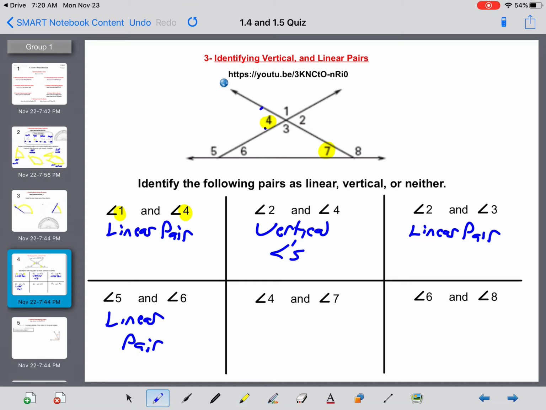Angle 4 and angle 7. Okay, well here's angle 4, here's angle 7. They don't make that straight line we're looking for, and they also don't make a bow tie either, so this is going to be neither. And last we have angle 6 and angle 8. Well, here's angle 6, here's angle 8, and again, that's neither.